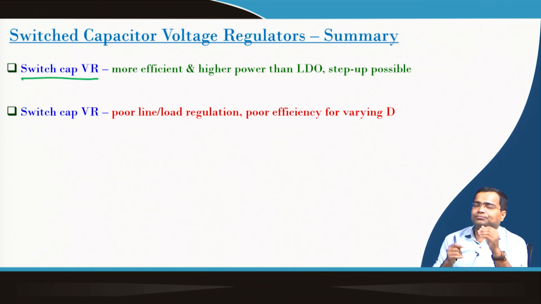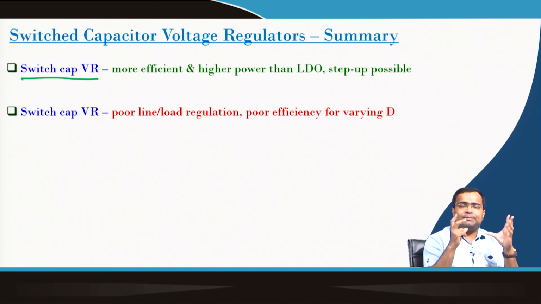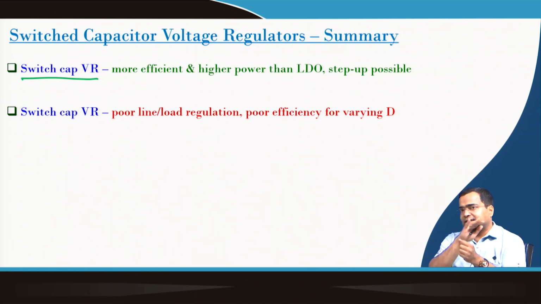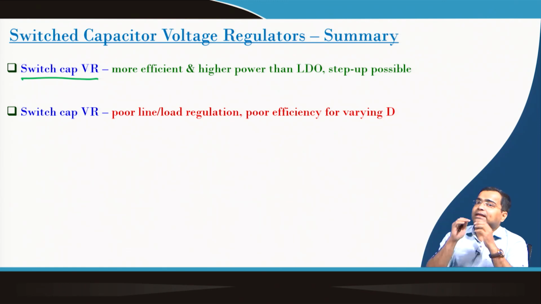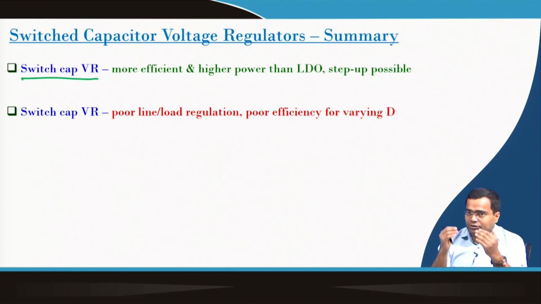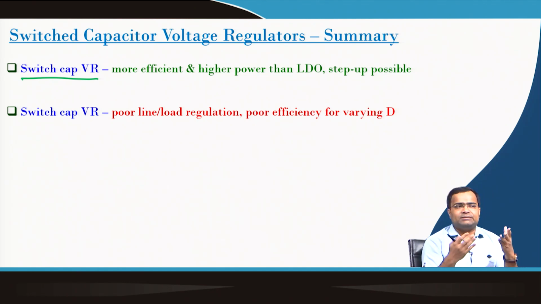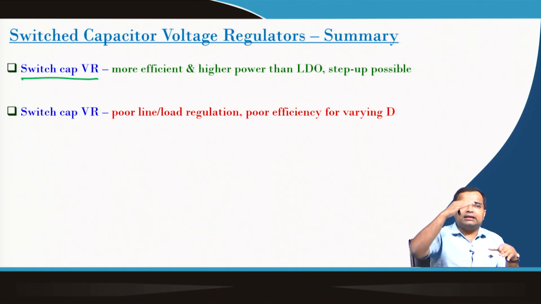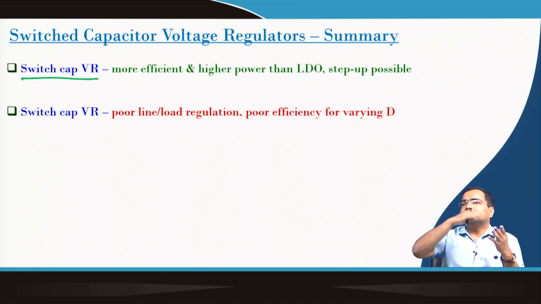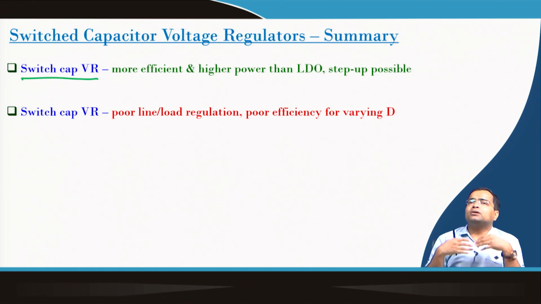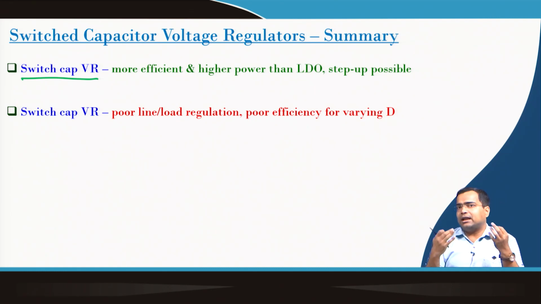We also saw the ripple voltage, which depends on the load current. As a result, the average voltage, which is nothing but the peak voltage minus half of the ripple, also depends on the load current. That means, if the load current increases, then the ripple increases, and as a result the output voltage decreases. So, it also suffers from poor load regulation and line regulation.